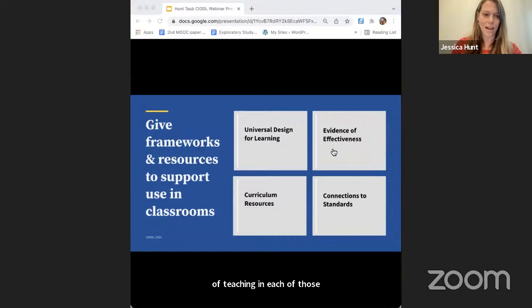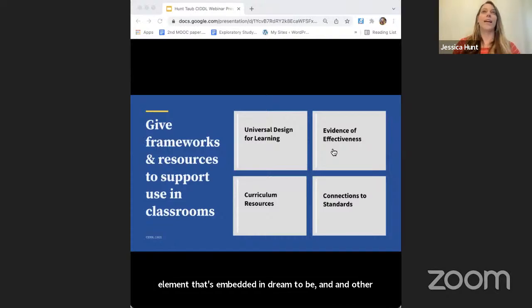And I also think practically that we want to think about frameworks and resources that we can give to pre-service teachers so that when they start to work in classrooms, they can carry forward the use of games in their classrooms. So for instance, universal design for learning is one design element that's embedded in Dream2Be and other technology-based tools.